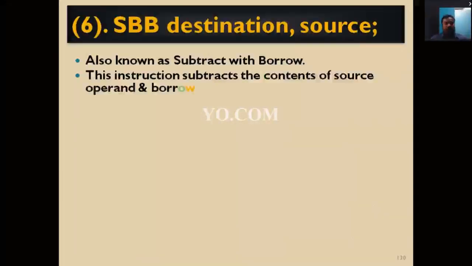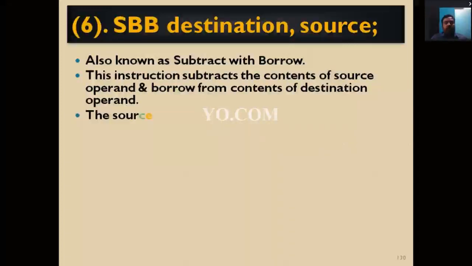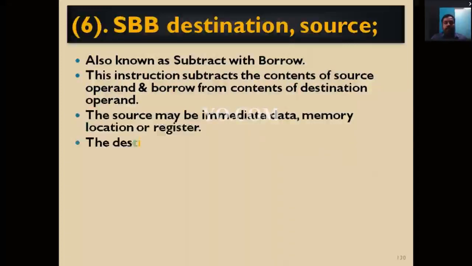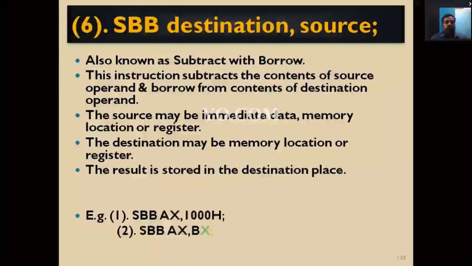SBB. So yes, subtraction. This is the same as the ADC instruction in addition. Here this instruction subtracts the borrow also. It subtracts the source from the destination, and also the borrow, so the carry flag is also considered.